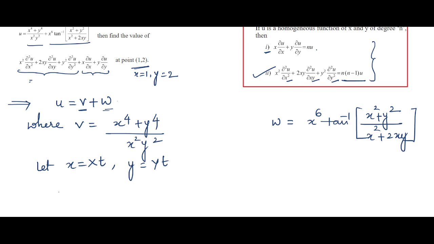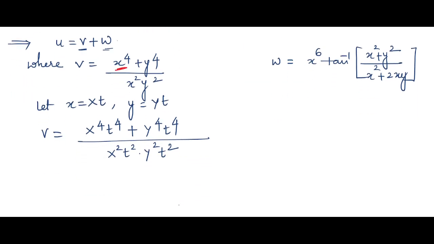Substituting this in v, x becomes X t, so X raised to 4 t raised to 4, and y becomes Y t, so we get Y raised to 4 t raised to 4, upon X square t square into Y square t square. From the numerator we can take t raised to 4 common, the remaining term is X raised to 4 plus Y raised to 4.